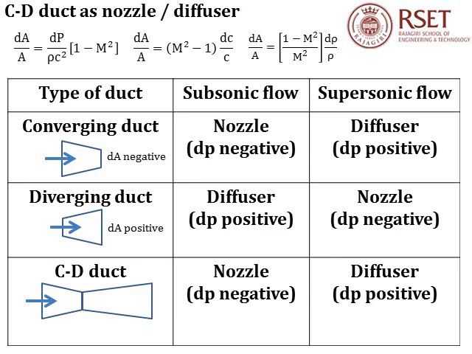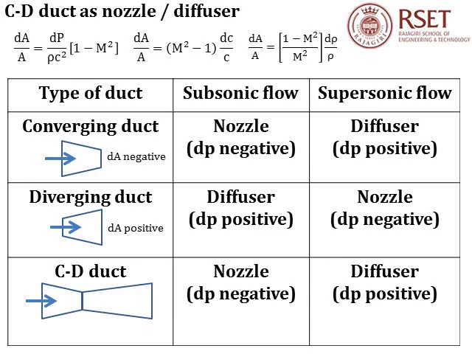We can use a CD duct to accelerate a subsonic flow to a supersonic flow. It is important that the condition at the throat of the CD duct be equal to unity, because if it is less than unity, then what we have is a subsonic flow entering into a diverging duct.